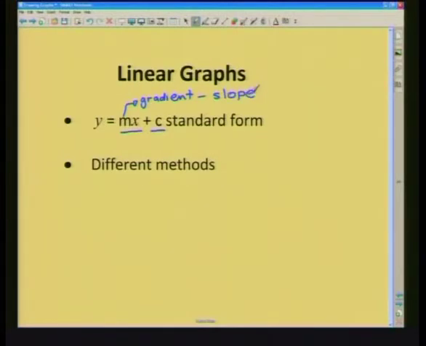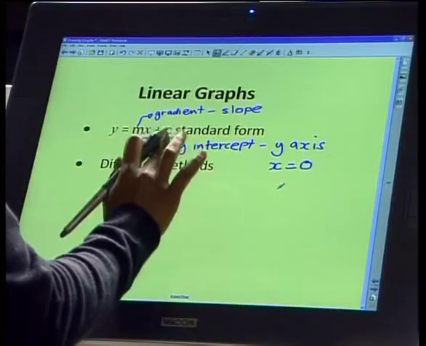So in other words, how steep the graph is. And c is your y-intercept, which tells us where the straight line is going to cut the y-axis. So this gives you the cut on the y-axis, and that value you will find by letting x equal 0, but we will go into greater detail in a little while. Okay, so this is the standard form. y = mx + c.